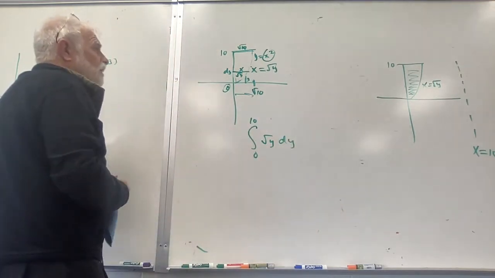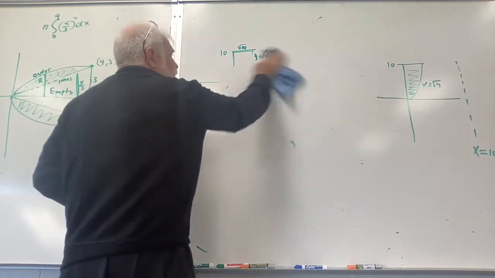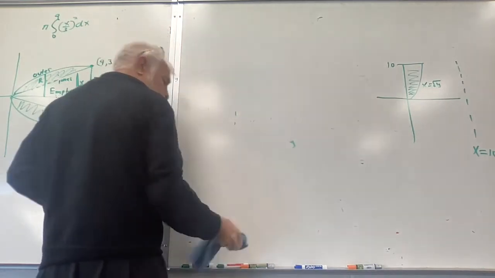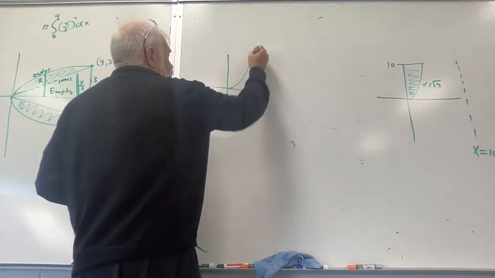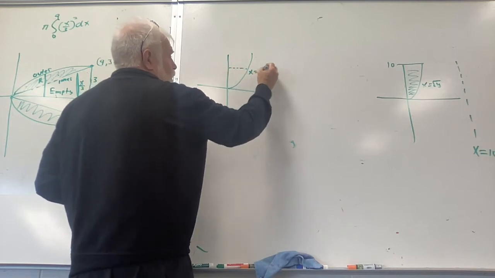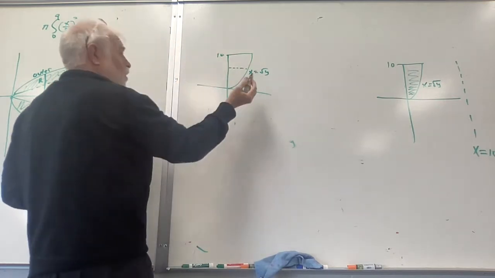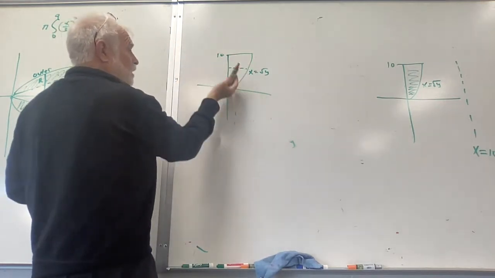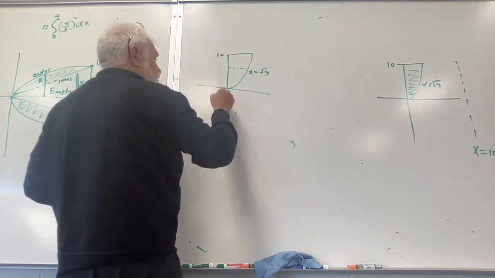Now let's actually rotate this around the y-axis, which is what I was originally going to talk about. Hopefully I'm not making any big mistakes here. So we're going to call these x distances square root of y. And we're going to go up to a height of 10. So we're going to rotate this way around and stack from 0 to 10.